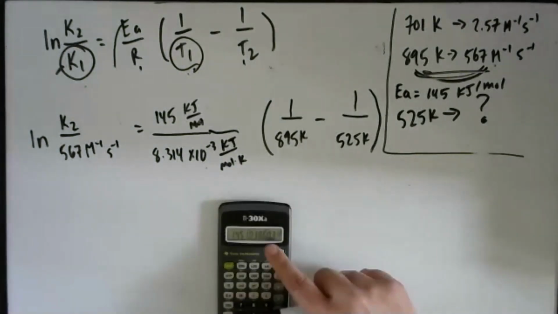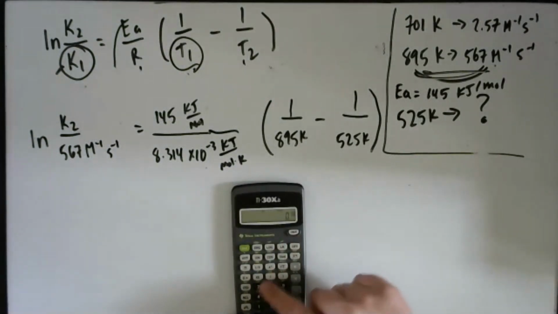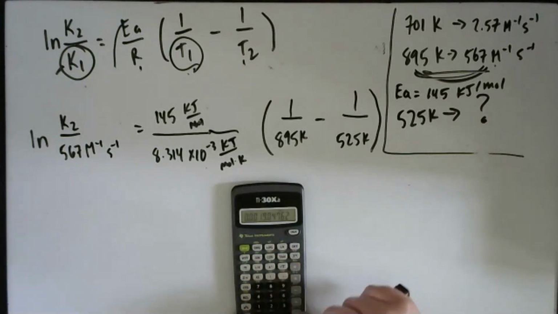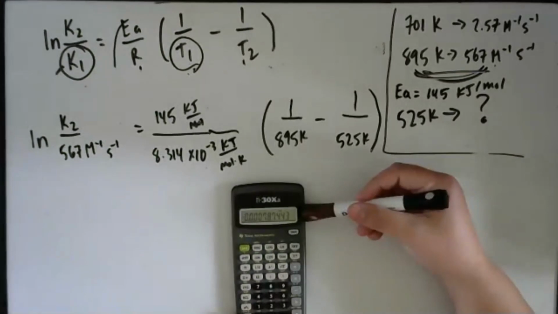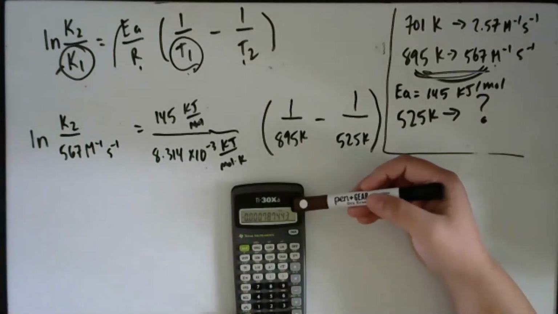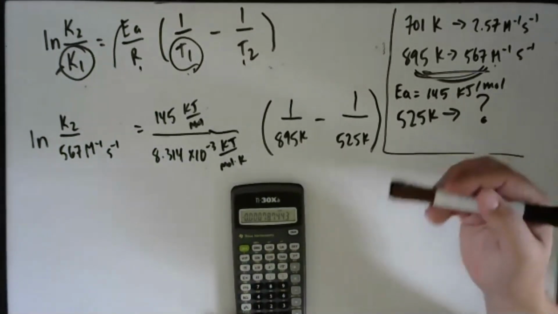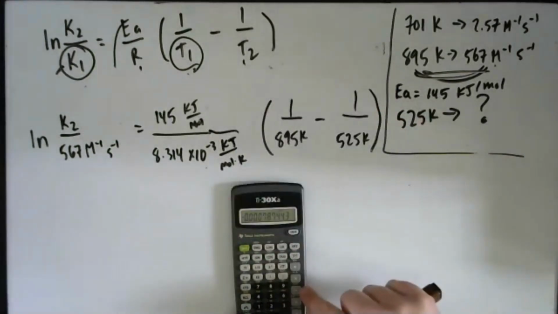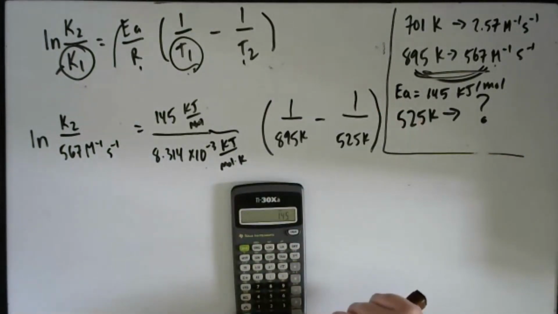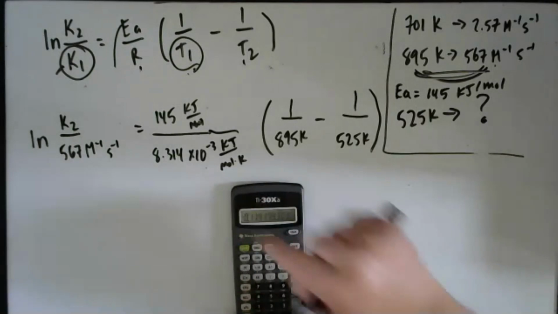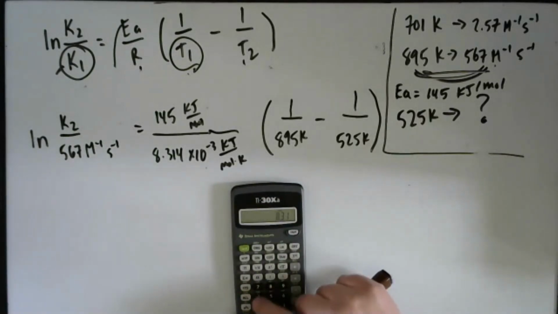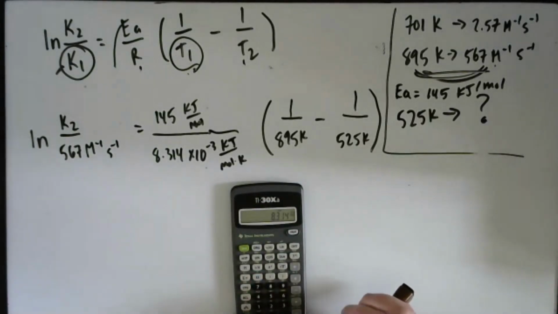We have 1 divided by 895 minus, in parentheses, 1 divided by 525. All right, now take this value and, without clearing your calculator, multiply it by 145 and then divide it by 8.314 times 10 to the negative 3.